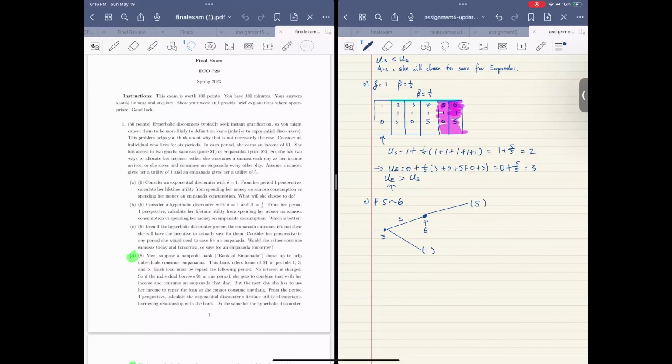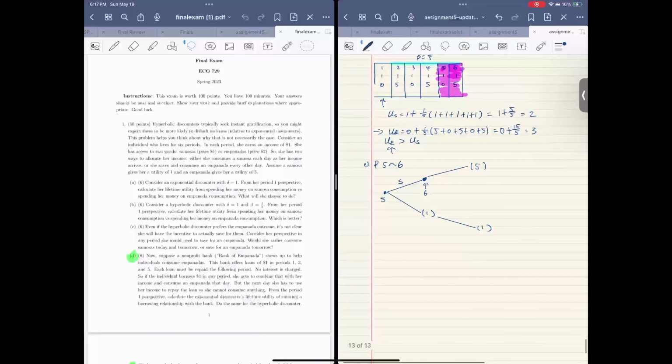From period 5's perspective, you will have either 0 plus beta of 5, or 1 plus beta of 1.